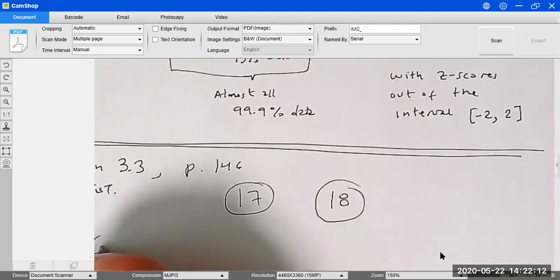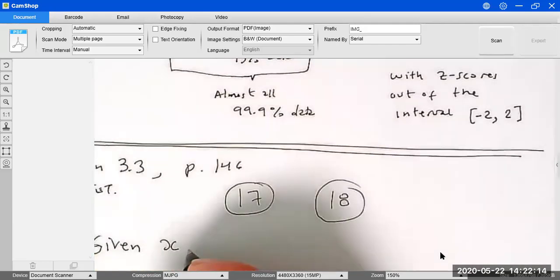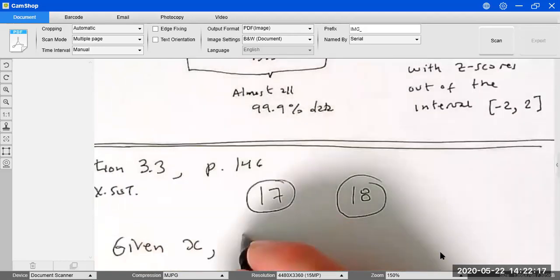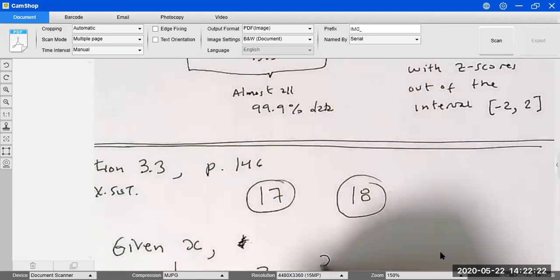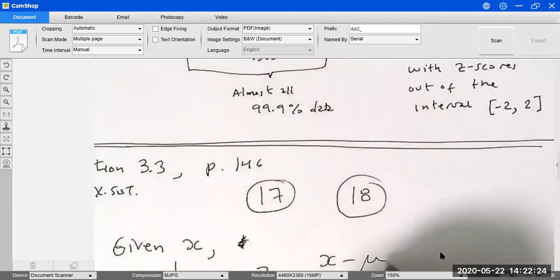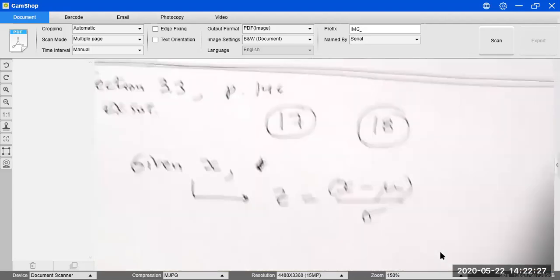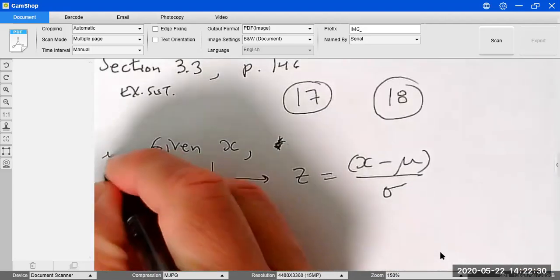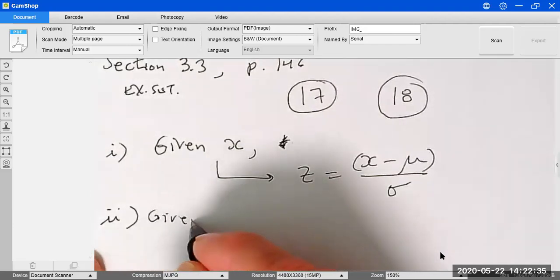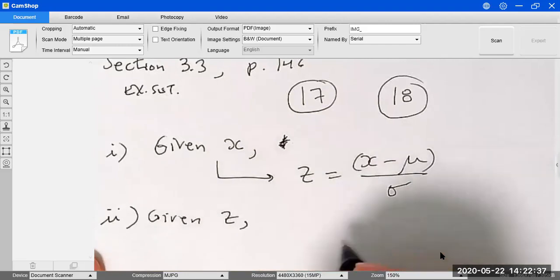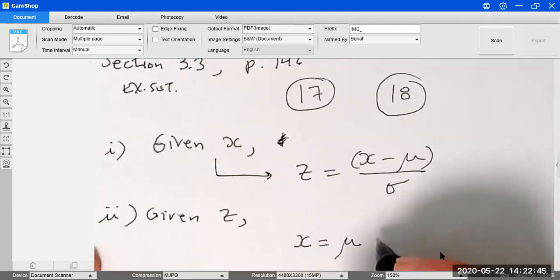So you're going to need to use this equation. Given x, to find z, you just use this formula. Don't forget the parentheses. And the other case that you have in these two problems is that when you are given z, then you're going to find x. x is going to be mu plus z sigma.